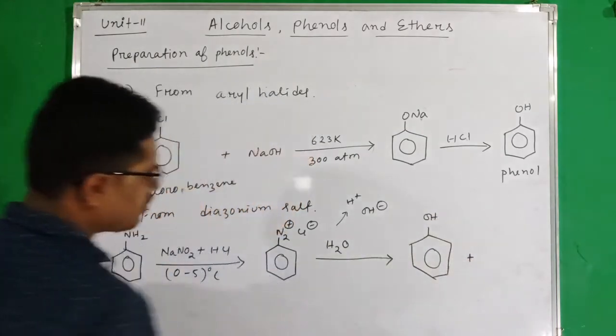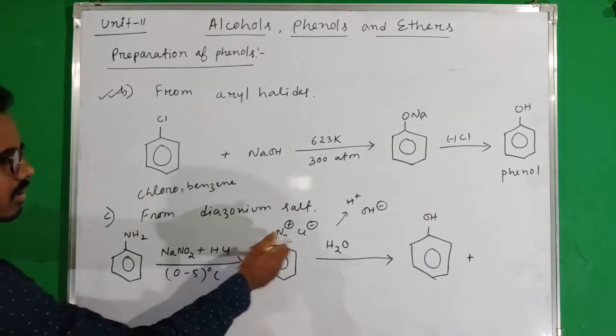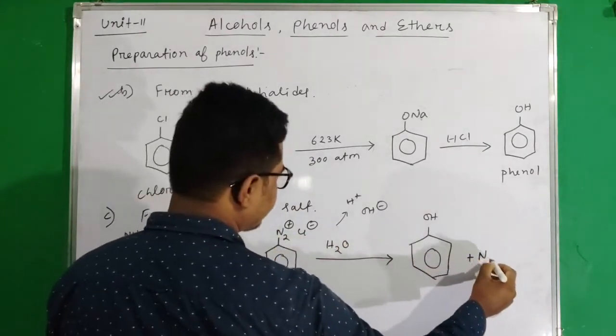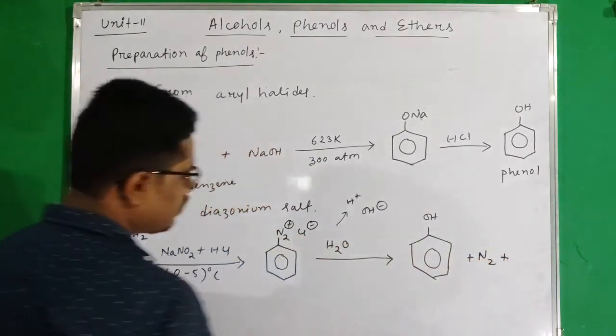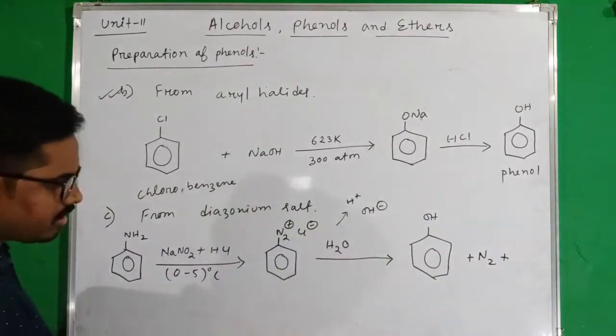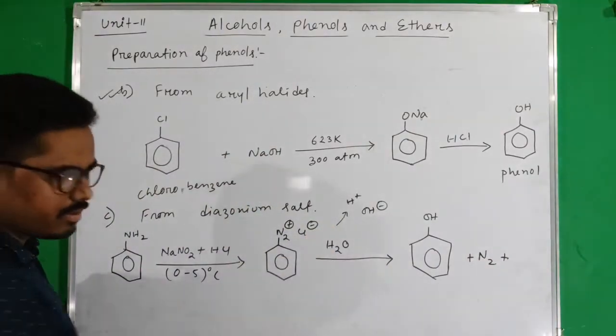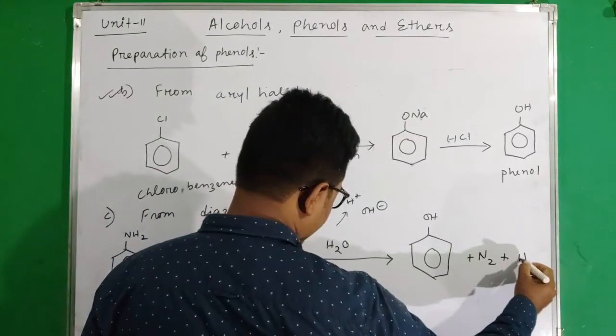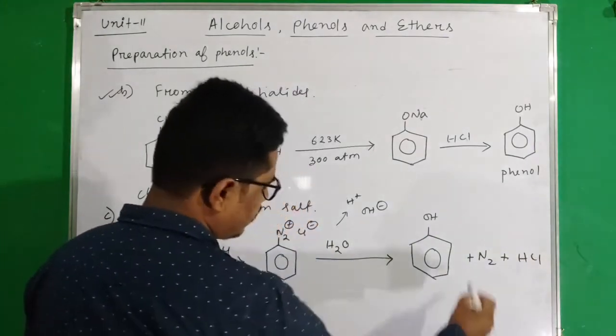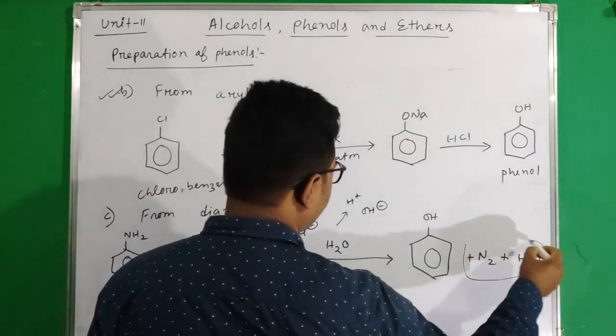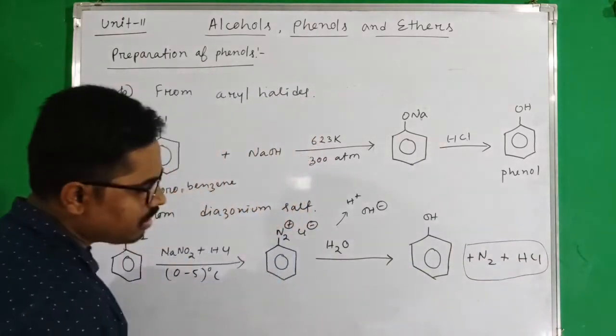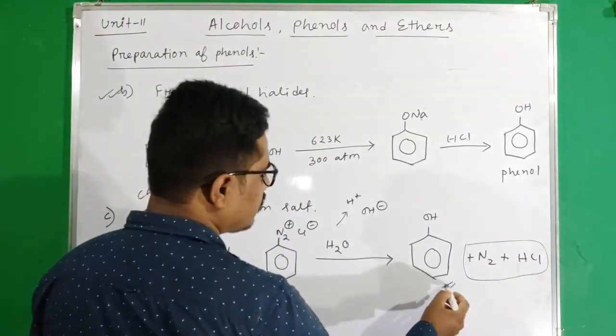After that the side products are nitrogen gas, and then this H positive will combine with Cl negative to form HCl. But in case of organic chemistry, no need to write the side products because only the main product is necessary.